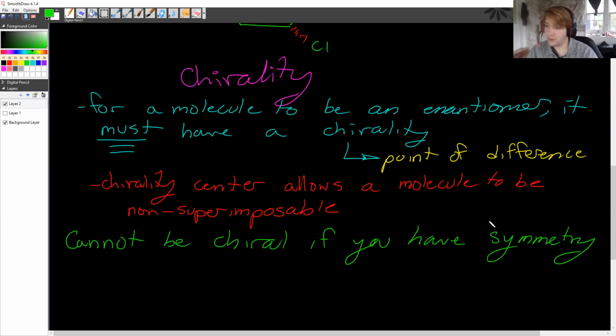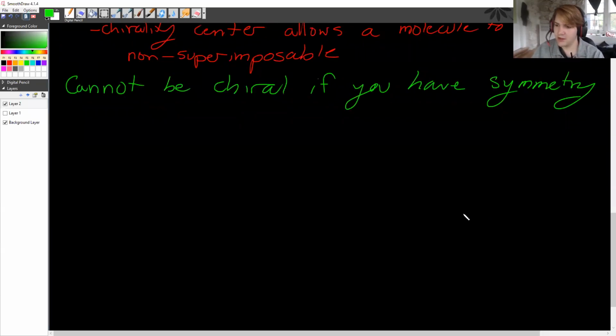So with that in mind, instead of looking at every single point on a steroid or something like that and trying to determine the chirality centers, we can check to see if there's symmetry, because symmetry is really easy to see and you can determine it instead of having to do something more complicated later. So there are three kinds of symmetry.